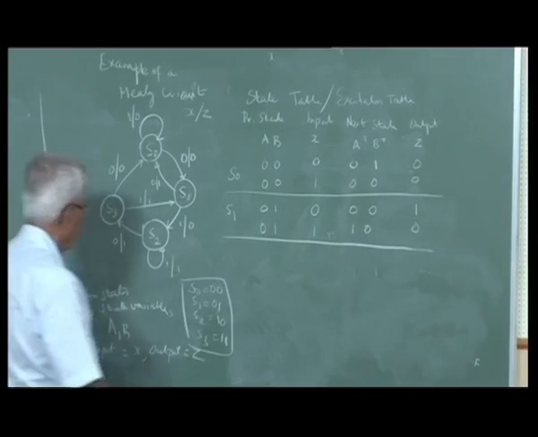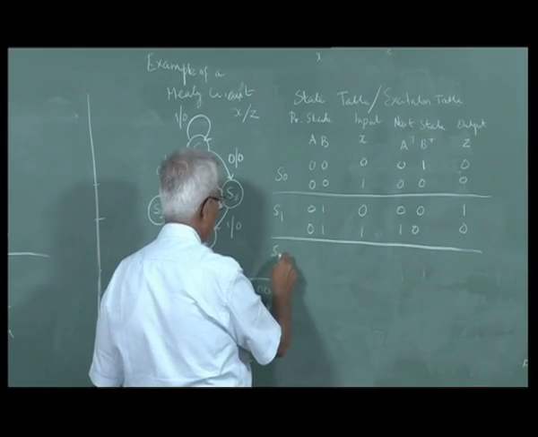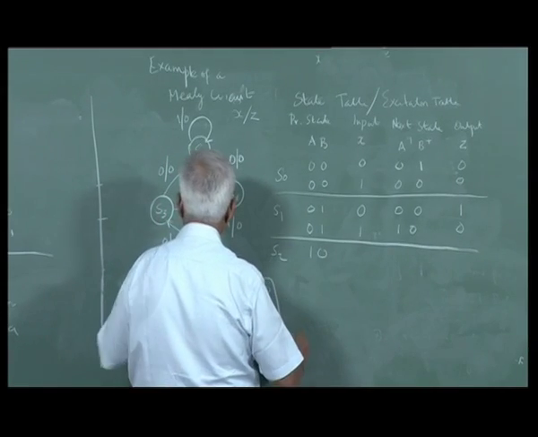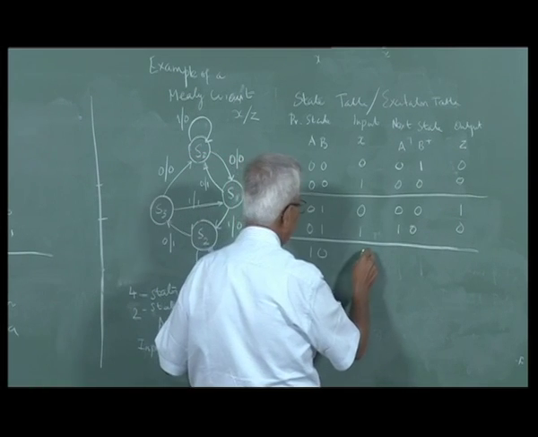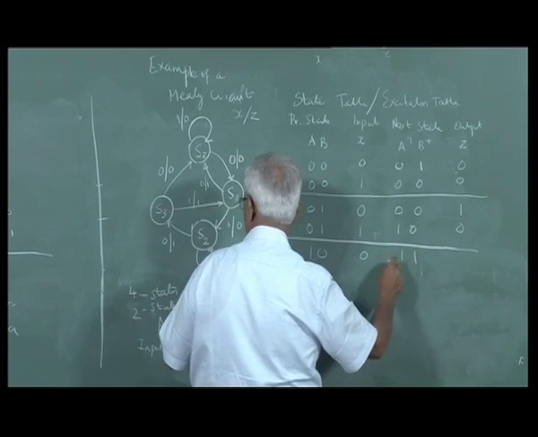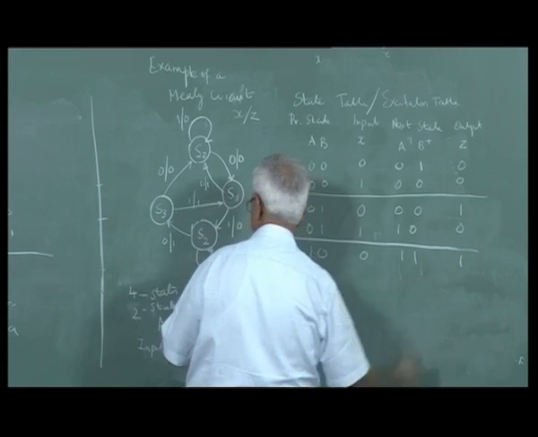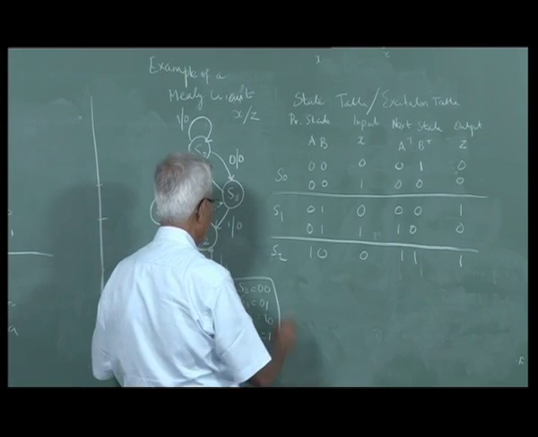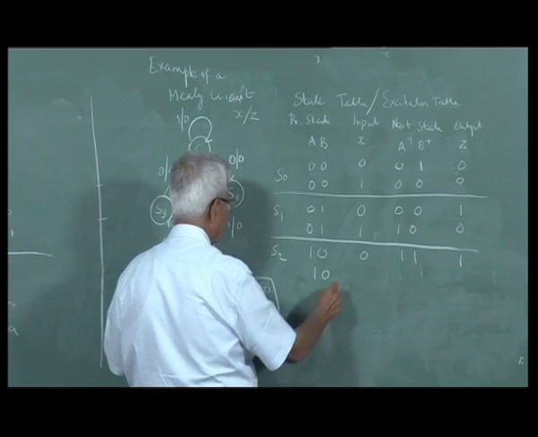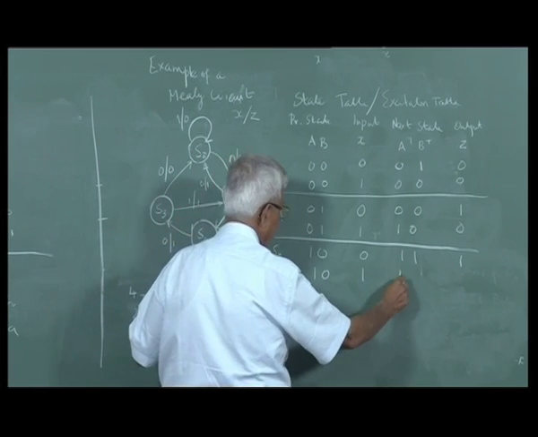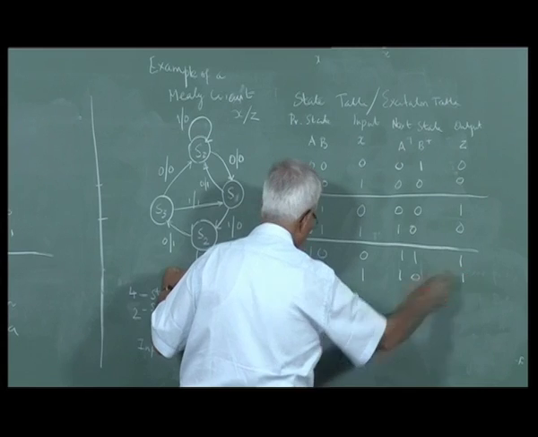S2: in S2, if the input is 0, it goes to S3, and the output is 1. In S2, if the input is 1, it remains in S2 giving an output of 1.